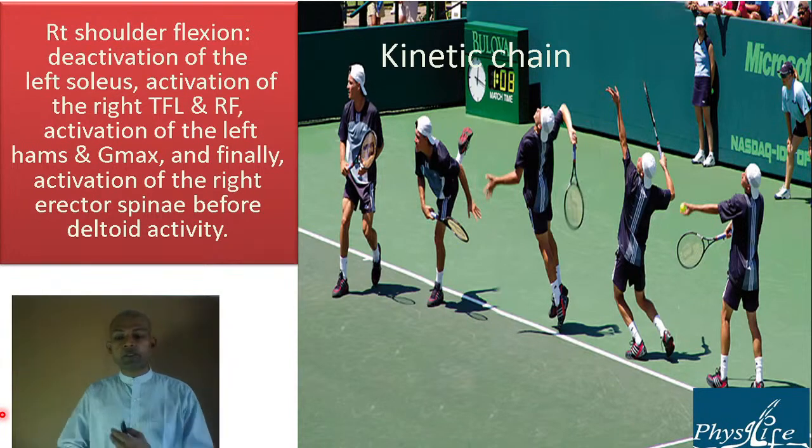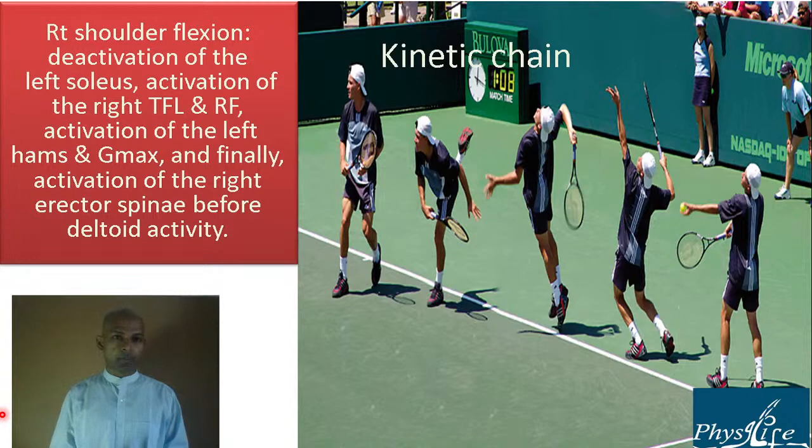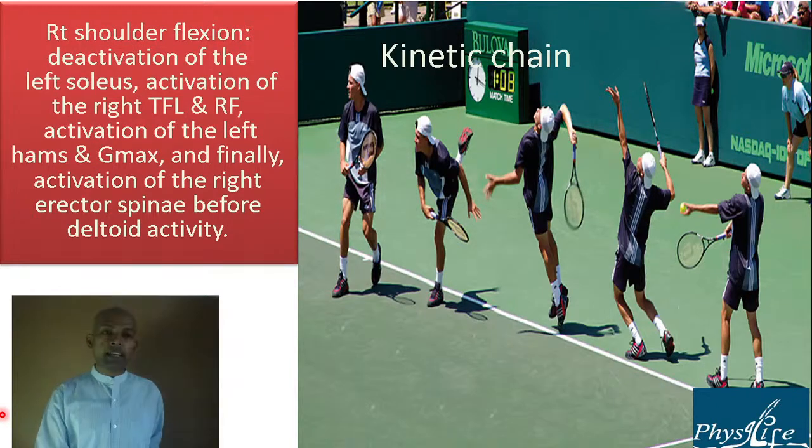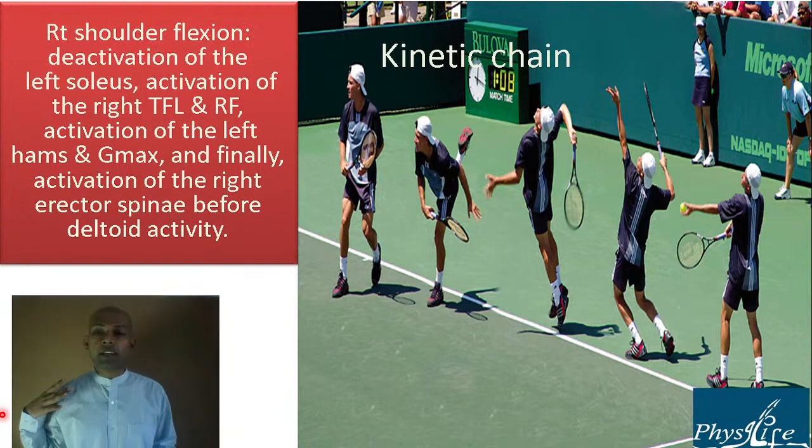EMG studies say when you perform right shoulder flexion, before the deltoid starts to show any activity, there is deactivation of the contralateral soleus, activation of the right TFL, right rectus femoris, activation of the left hamstring, activation of the gluteus maximus, and finally erector spinae on the right side before the deltoid is activated.